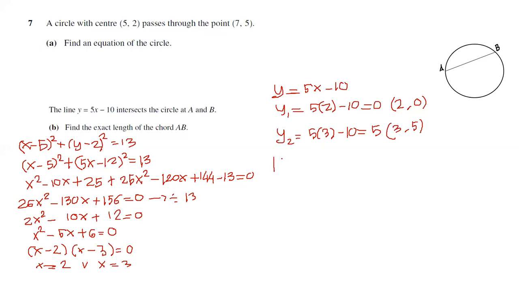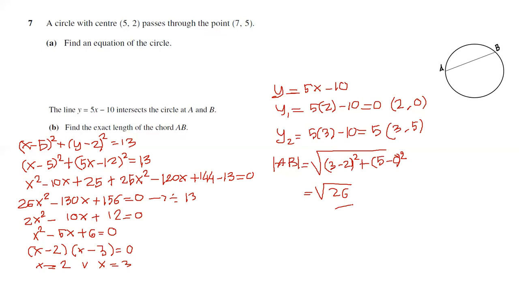Now the length AB equals the square root of (3 minus 2) squared plus (5 minus 0) squared, which is the square root of 1 plus 25, which is root 26. Yeah, this is the solution.